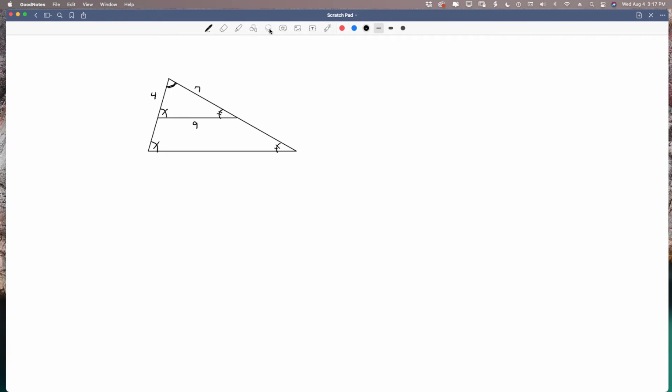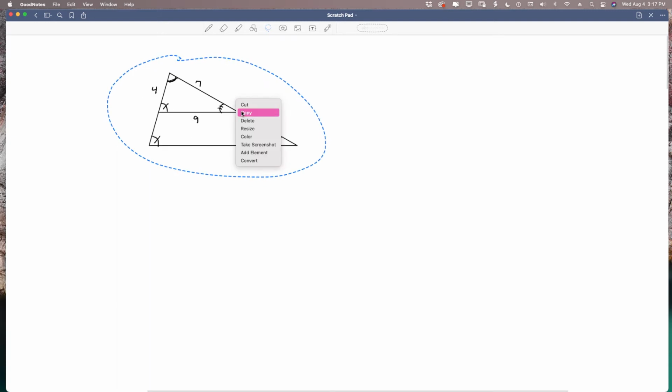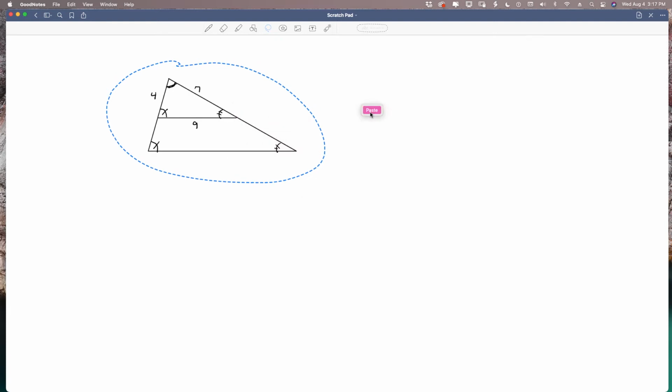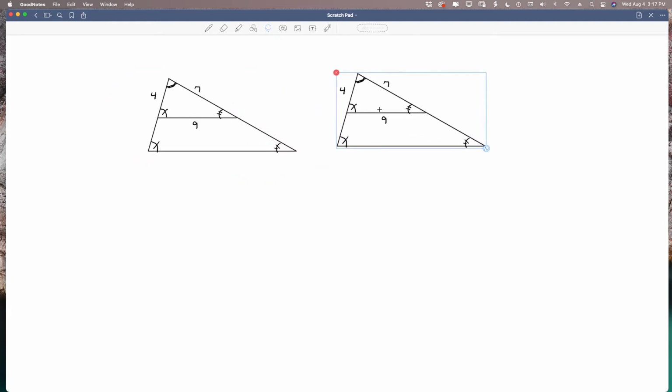So I'm going to copy this triangle and paste it over here. And I am going to use my eraser here. And on this side, I'm going to get rid of the bigger triangle. And on this side, I'm going to get rid of the smaller triangle.